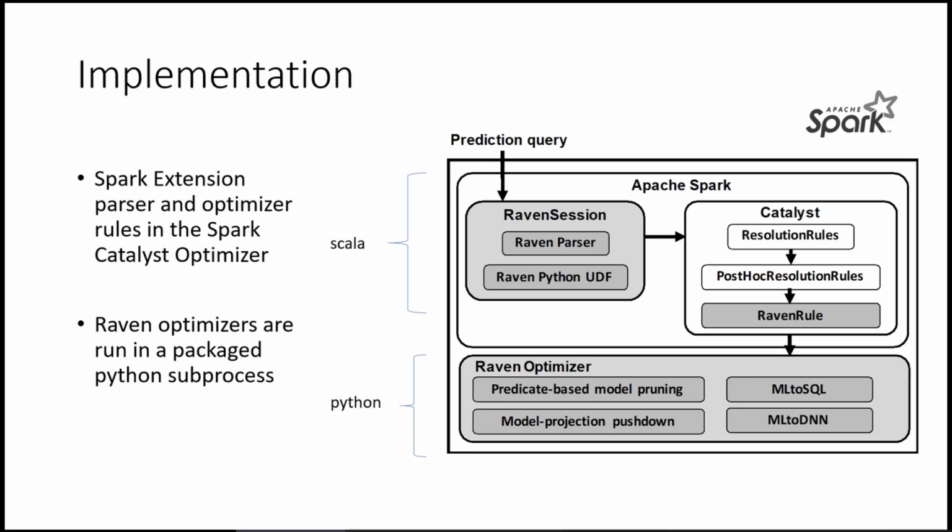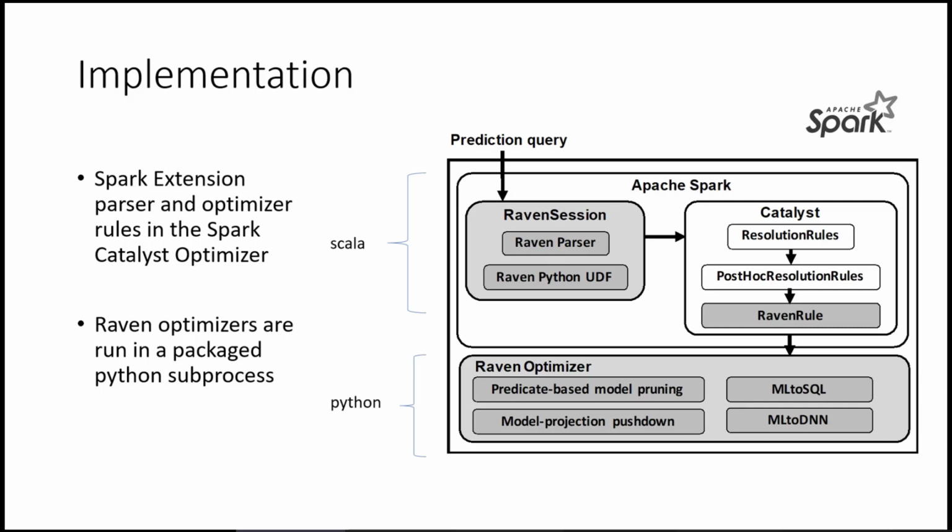It's just an extension that we've added on, and the user would barely notice the difference. And so what happens is, when your query comes in and you start your Spark session, we have a Raven session that is basically a subclass of Spark session, and your query goes into Raven's parser.